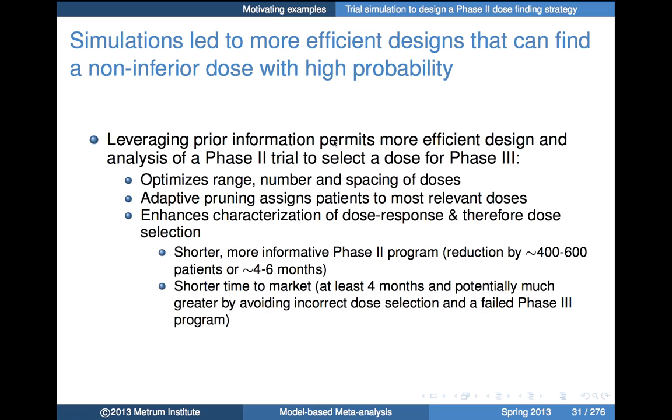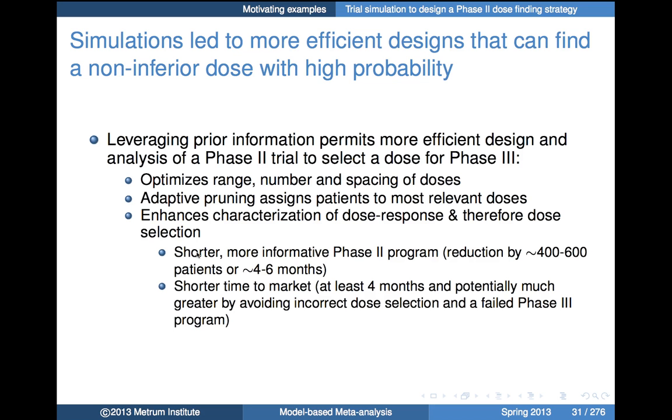By leveraging prior information, it permitted a more efficient design and analysis of a phase 2 trial to select a dose for phase 3. It optimized the range, number, and spacing of doses. It optimized an adaptive pruning strategy for assigning patients to the most relevant doses, and enhanced characterization of dose response and therefore dose selection.